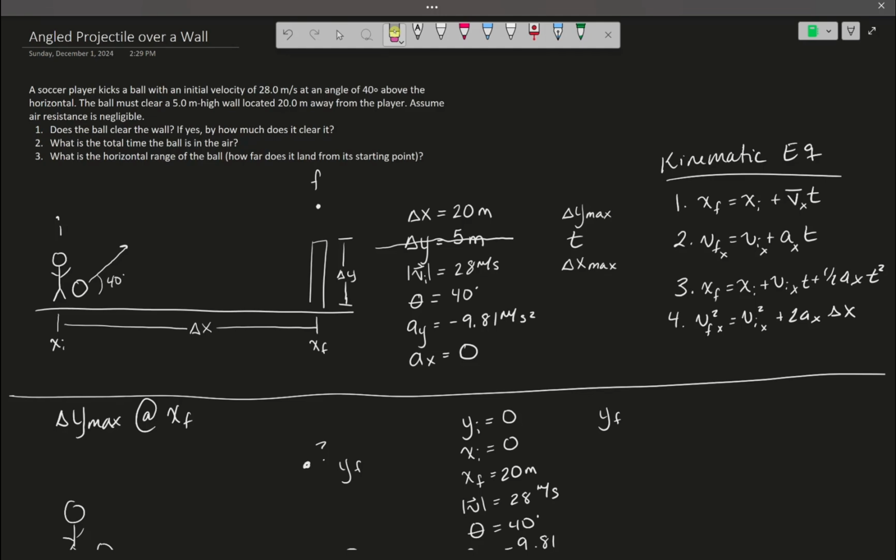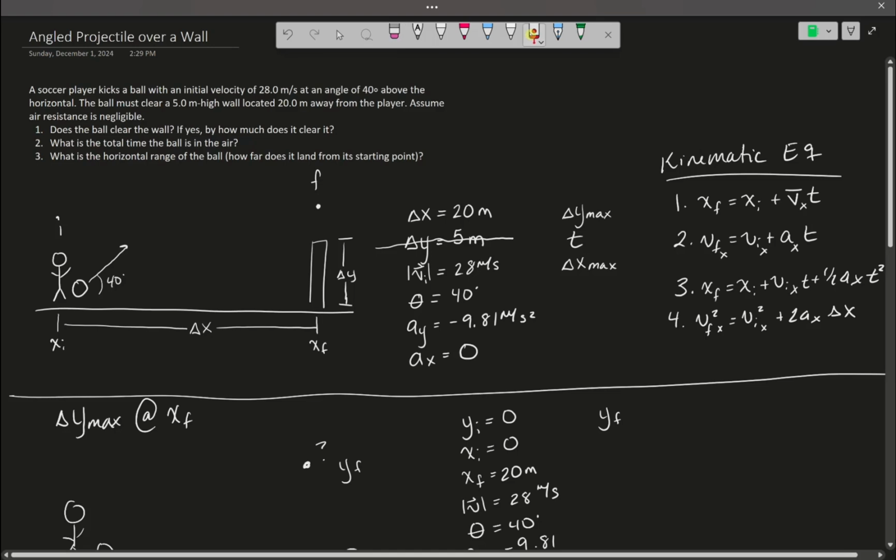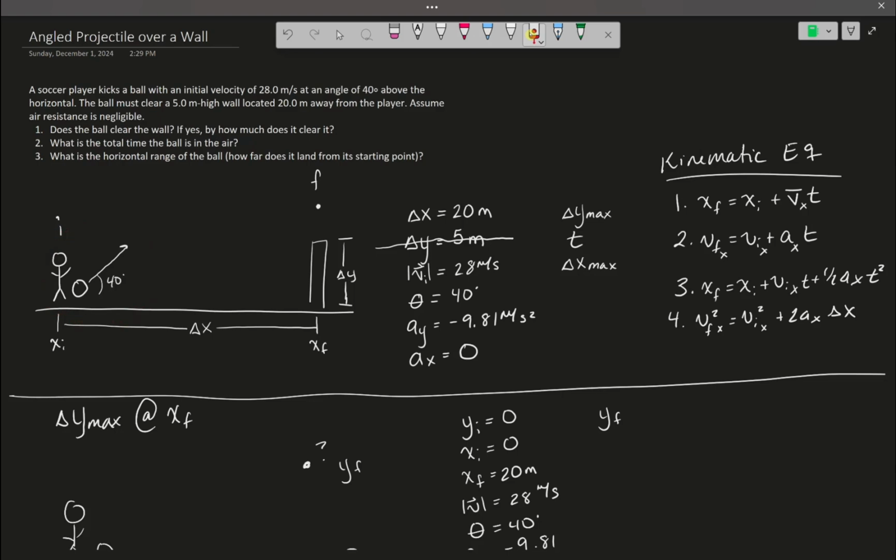I could try to figure out, if I consider this initial condition to have some initial velocity, 28 meters per second at an angle of 40 degrees, let's say that the maximum height is here. I could calculate how long it takes to get to maximum height, and then from maximum height back to the ground.